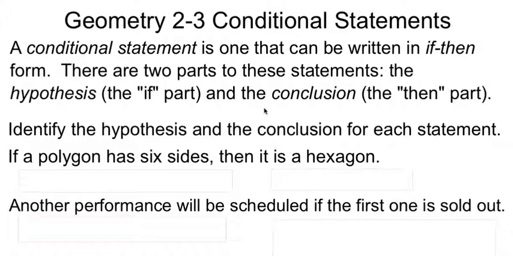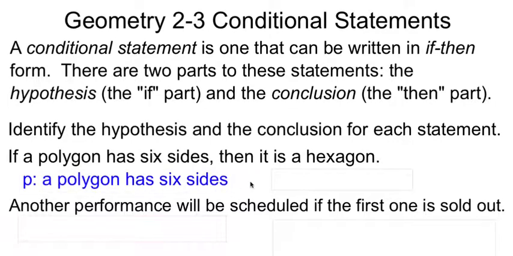So if a polygon has 6 sides, then it is a hexagon. The hypothesis is a polygon has 6 sides. Typically, they like to use P for hypothesis, and they like to use Q for conclusion. It is a hexagon.